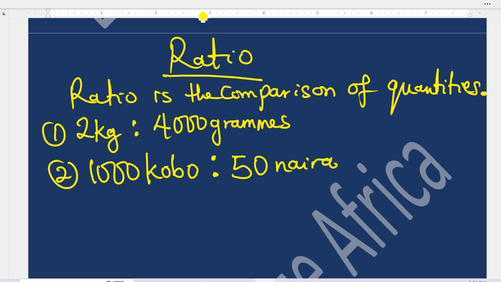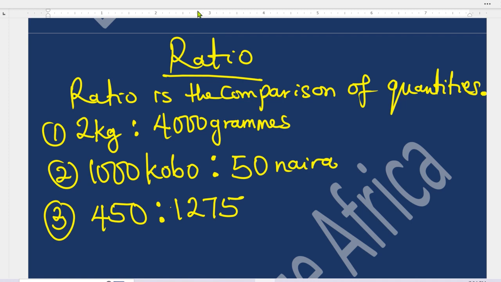So these are comparisons of 2 quantities. It can also come as 450 is to 1275. So ratio is the comparison of quantities. You can have two quantities, three quantities, or many quantities to compare.